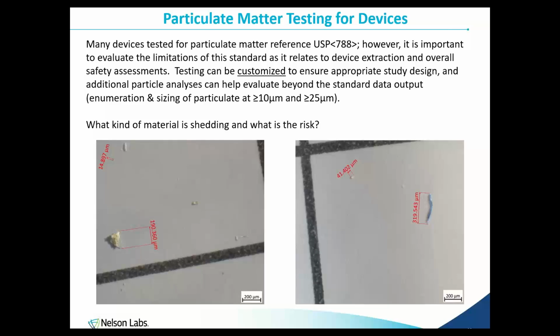But with TIR 42, you go one step further, or even beyond that, to understand what's shedding from your device. Is this material from your vascular device system that's shedding because it's not entirely compatible? Are you having coating integrity issues? And what does that mean on the back end for an end user?